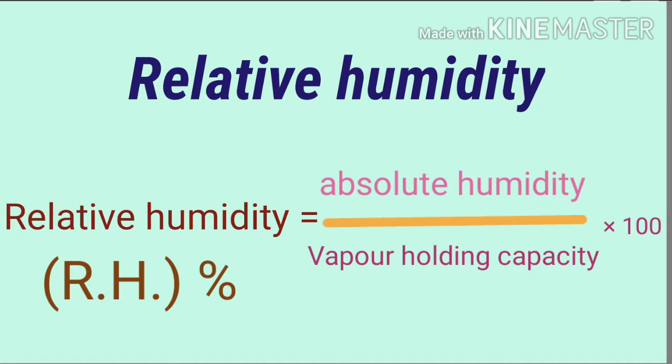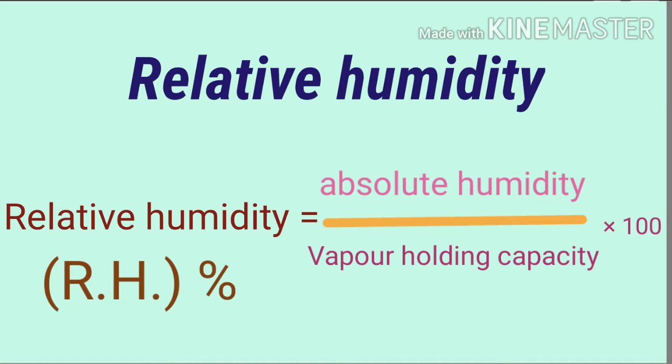The formula for relative humidity is absolute humidity divided by the vapor holding capacity of the air, multiplied by 100, and it is expressed in percentage.